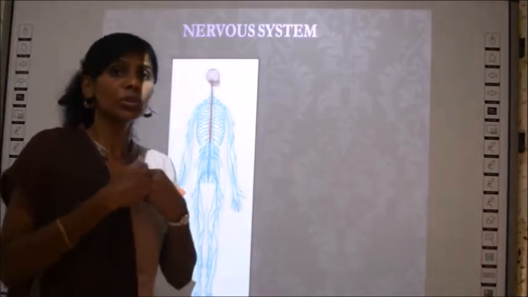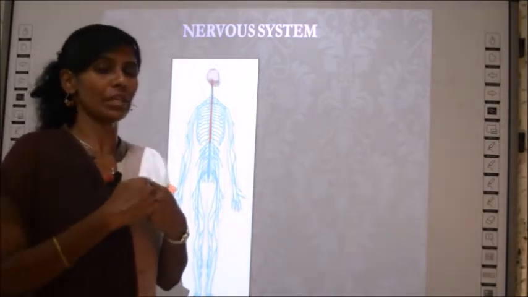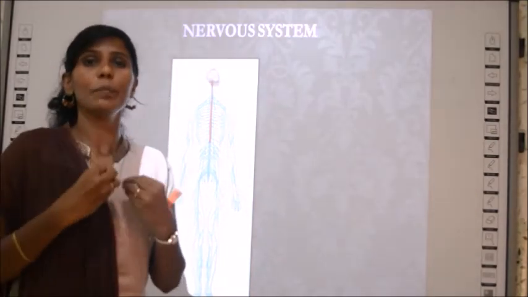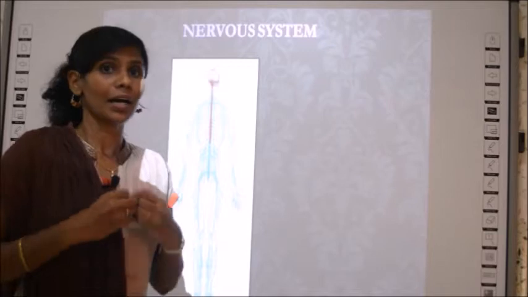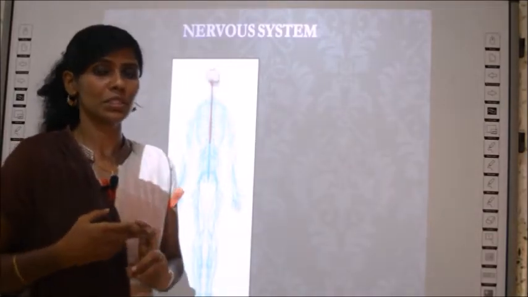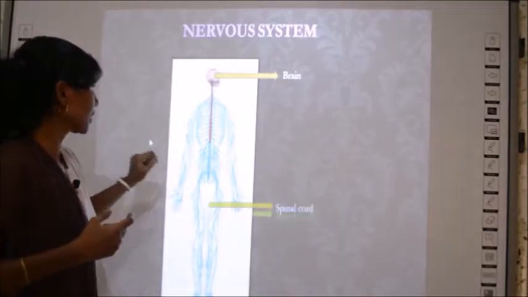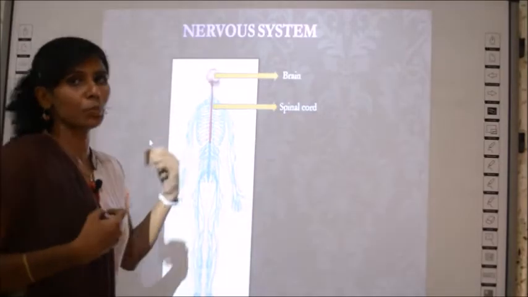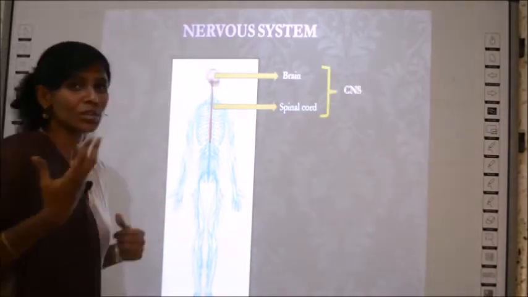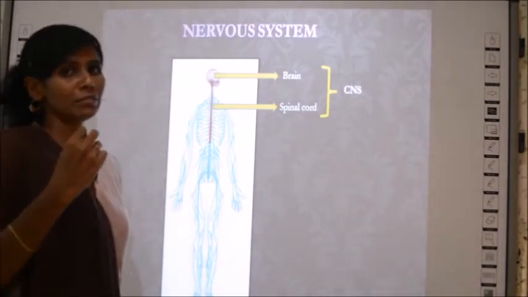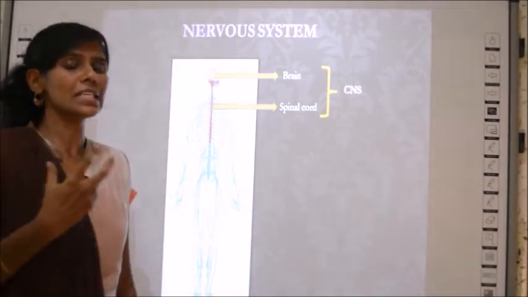As I told you, nerves include the peripheral nervous system. What are the important nervous system parts? I told you two parts of the central nervous system. Do you remember what they are? The brain and the spinal cord, and these both make the central nervous system, that is the CNS.